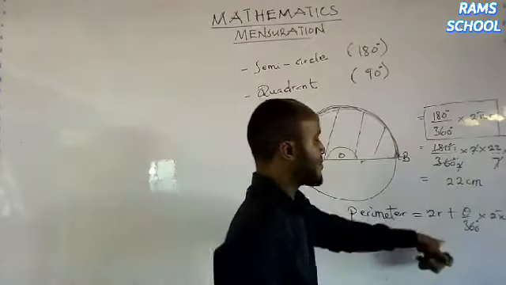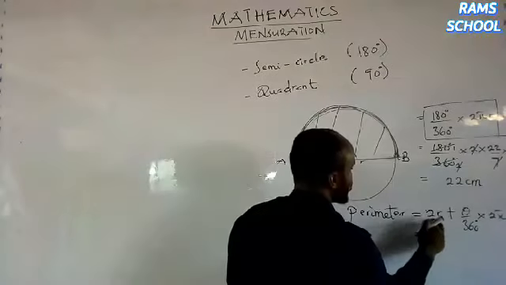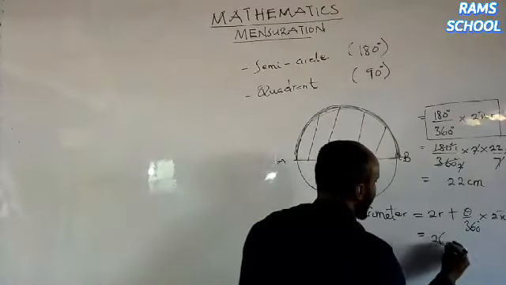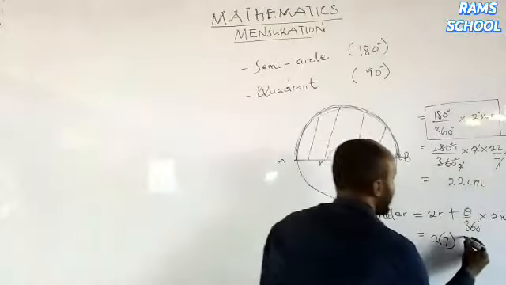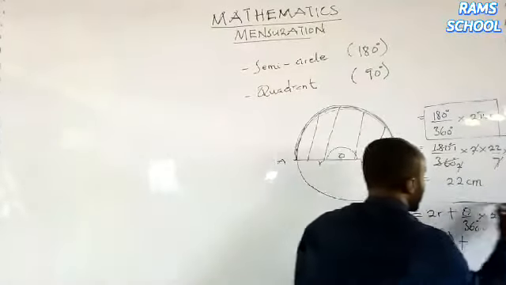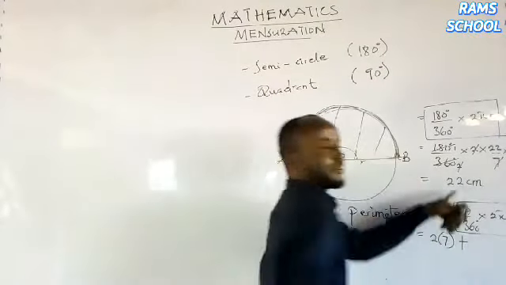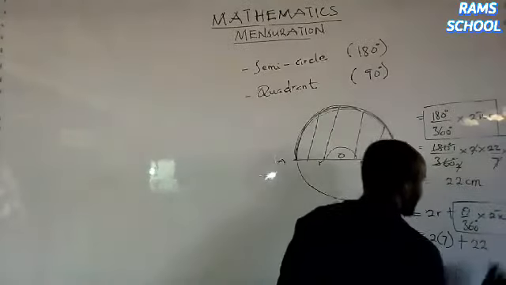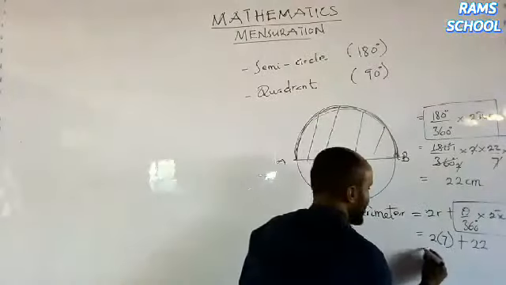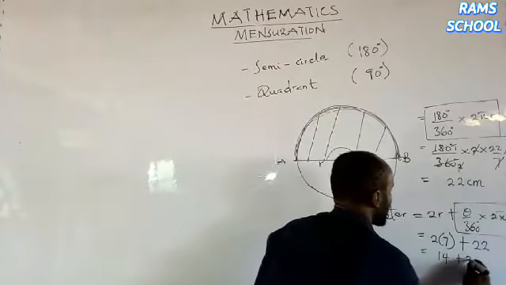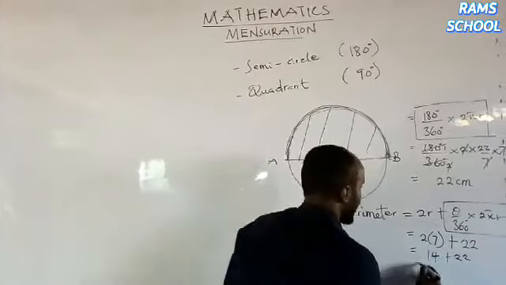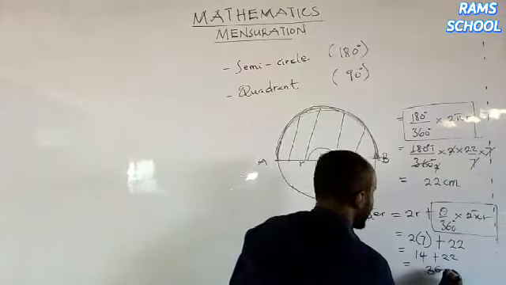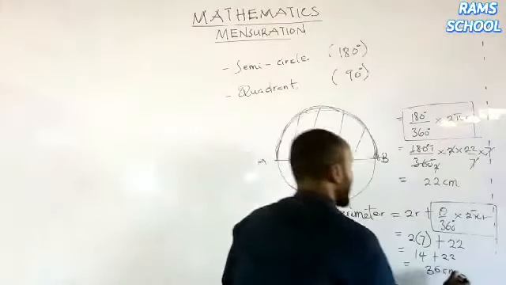But this becomes your perimeter. So the 2r gives us 2 into brackets 7, plus, this value here, we've already solved it, we had 22. So plus 22, giving us 14 plus 22, which is 36 centimeters.